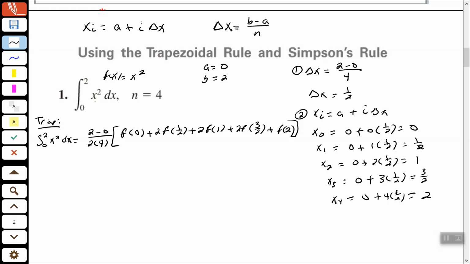So we have 2 over 8, which is 1/4. f of 0, the function is x squared, so 0 squared, plus 2 times 1/2 squared, plus 2 times 1 squared, plus 2 times 3/2 squared, plus 2 squared.